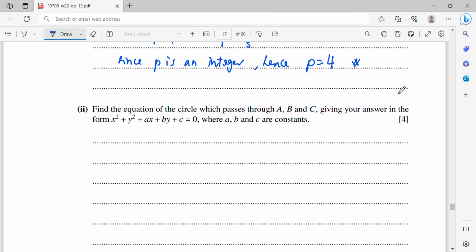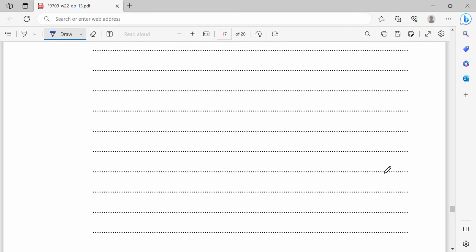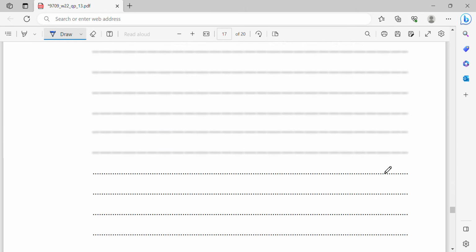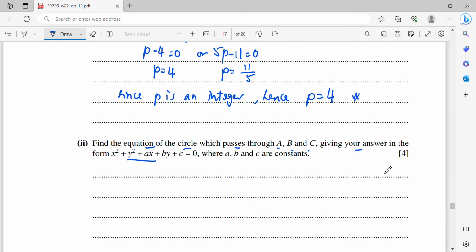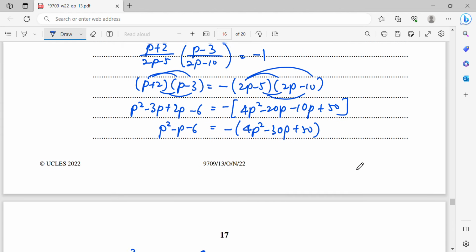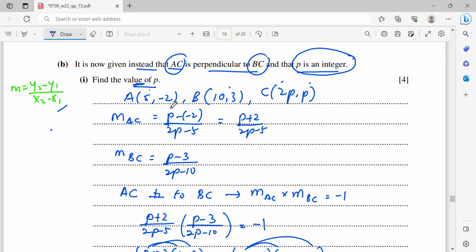Okay, so now part 2. Find the equation of the circle which passes through A, B, C, giving your answer in this form, where a, b, c are constants. So I rewrite my coordinates. A, just now, is (5, -2).